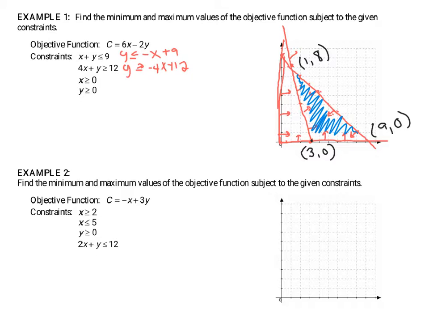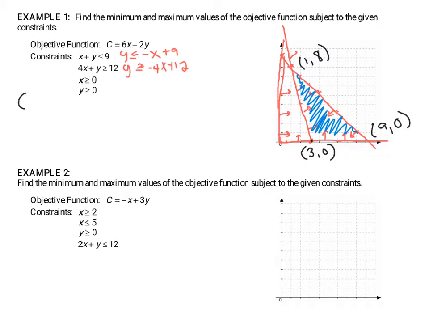These are the 3 points that contain my function. Now, in order to find the minimum and the maximum value, I'm going to take those 3 points and I'm going to plug them into the objective function for x and for y. The smallest value will be my minimum, the largest value will be my maximum.